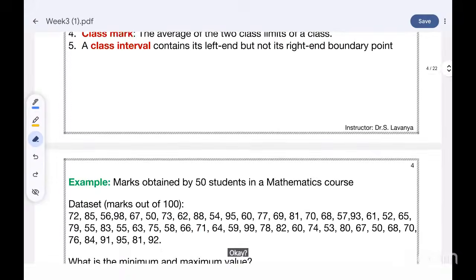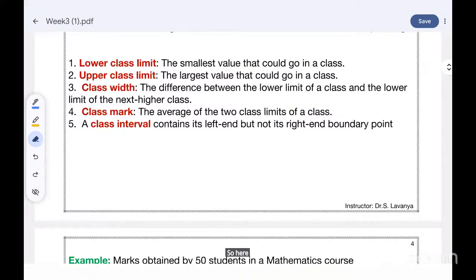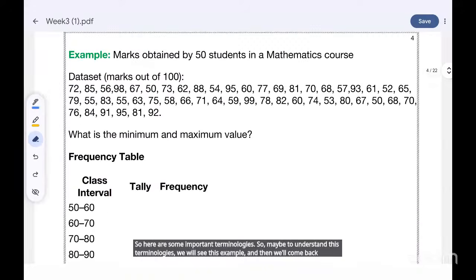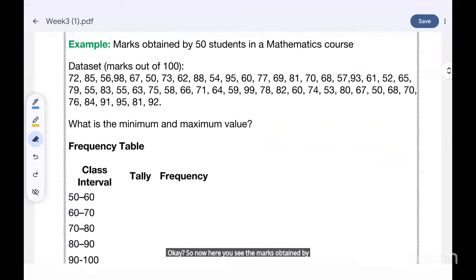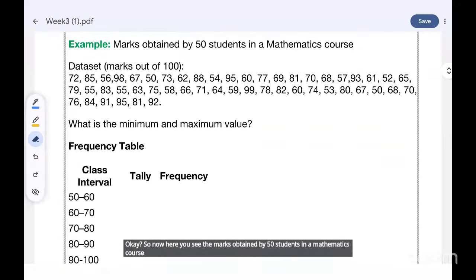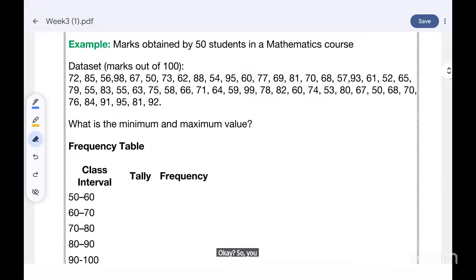So here are some important terminologies. To understand these terminologies, we will see this example and then come back again. Here you see the marks obtained by 50 students in a mathematics course is given below. So you have 50 data points.